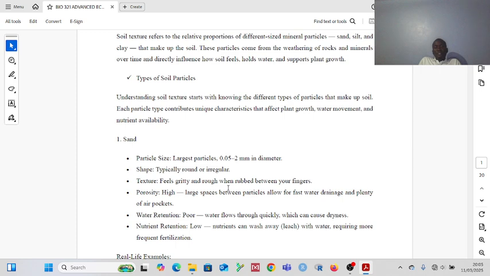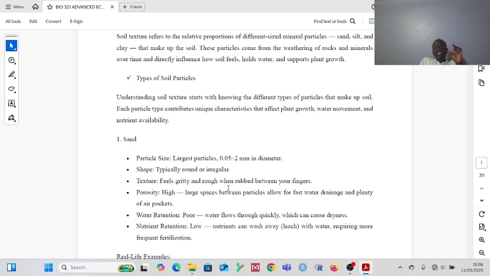In terms of porosity, the size of the pores, sand has high porosity, which means there are large spaces between individual particles. Through those large spaces, water can move and drain very fast.